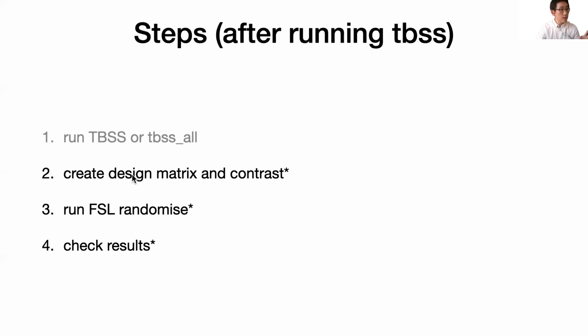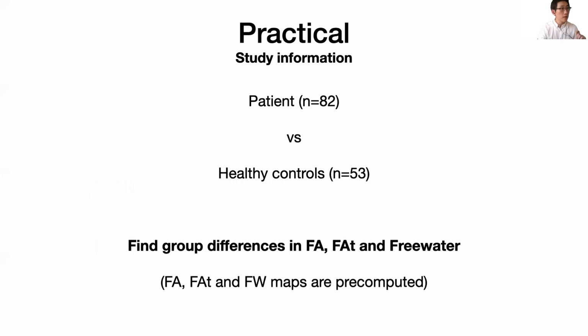And then after making this, you run the general linear model using FSL Randomise, and then you check the results. Okay. I have fake data that has a bunch of patients and a bunch of healthy controls, which already finished running TBSS for FA and FAT and free water.